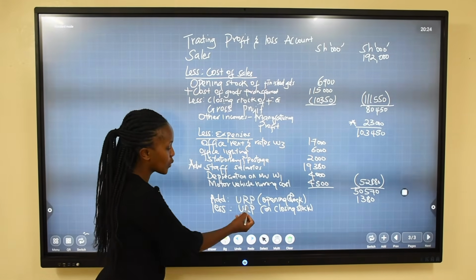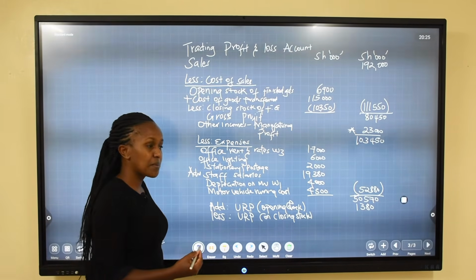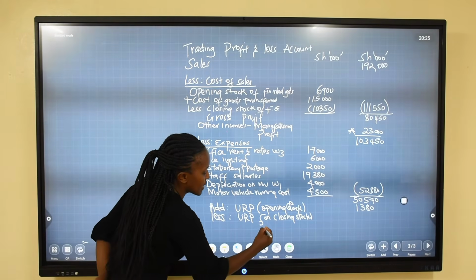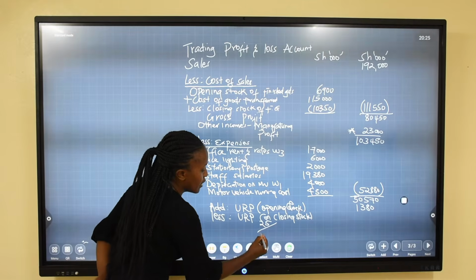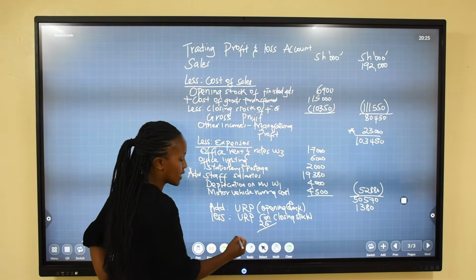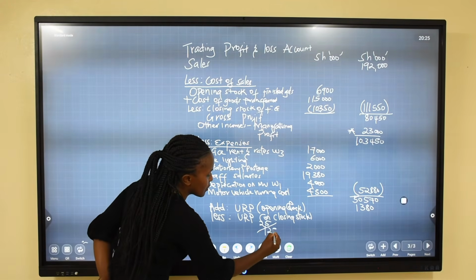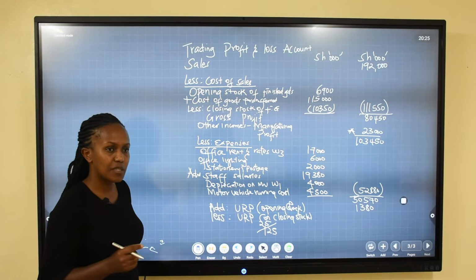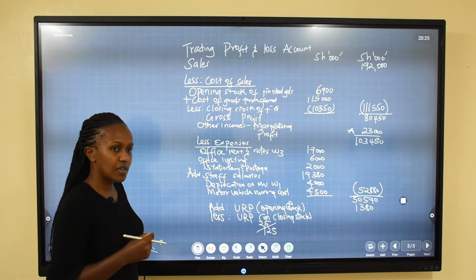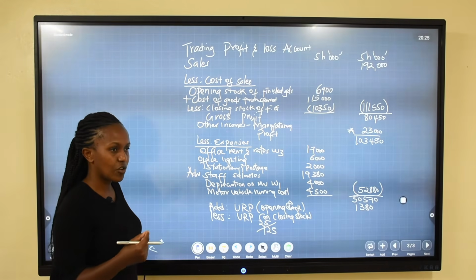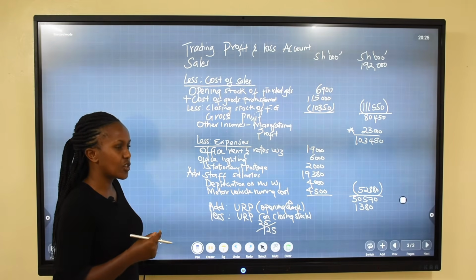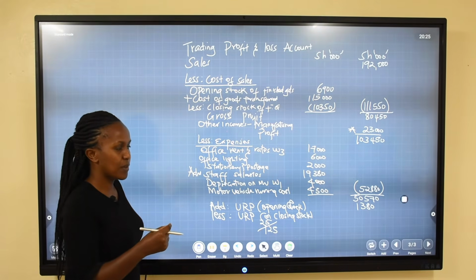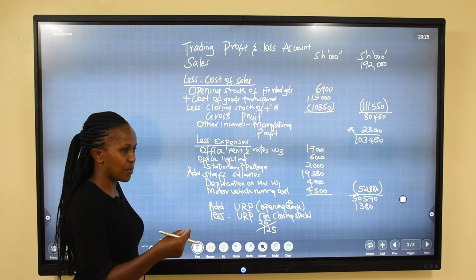But the one on closing stock we had not been given. But we remember we added 25%, making now the goods to be at 125%, because by the time we were adding 25% markup, the goods were already at 100% cost. So 100% cost plus 25% of the markup, now they are at 125%.